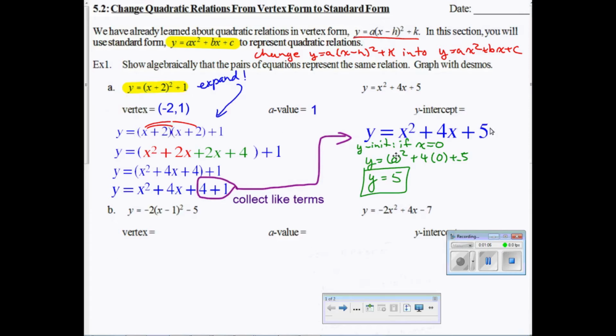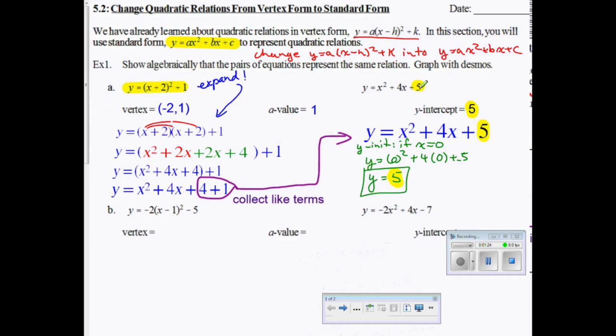So the key here is, we knew that when we expanded our equation and we got to the end, we ended up with this, right? Then when we let x equal 0, if we don't have a graph, we let x equal 0 and we can solve. Or, here's the best part, if you have something in standard form, the y-intercept is literally the last number in our equation.